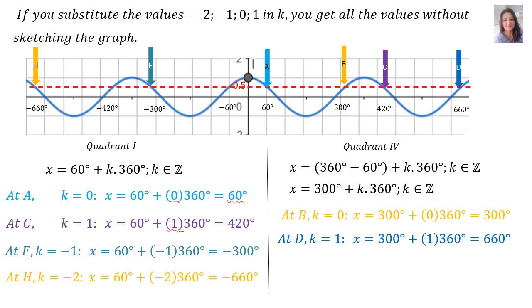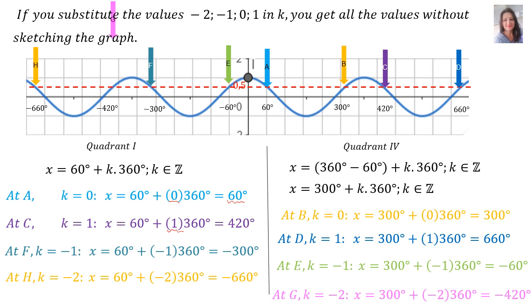At D, when I substitute in k's place 1, I get x is 660 degrees. At E, if I substitute k is -1, I end with minus 60. And at G, when I substitute k is -2, I end with x is minus 420 degrees.